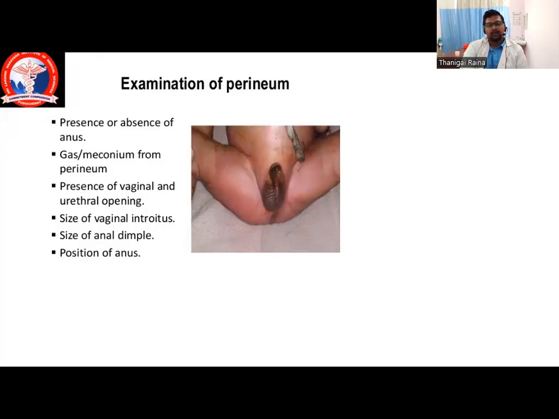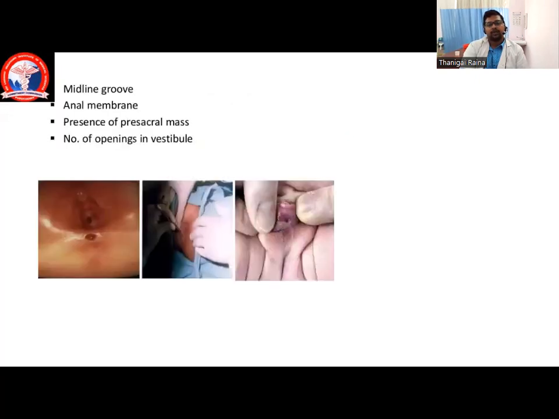Presence of vaginal and urethral opening. Size of the vaginal introitus, size of the anal dimple, and position of the anus. So these are the things as a pediatrician or as a general surgeon you should look for if it is a suspected case of anorectal malformation. Midline groove, anal membrane, presence of presacral mass, and number of openings in the vestibule.